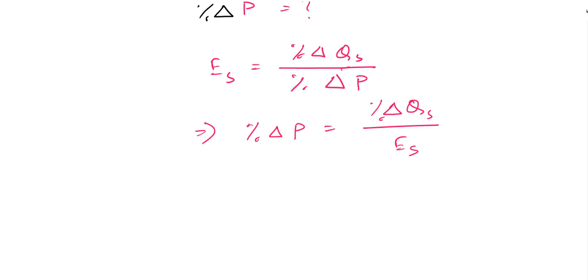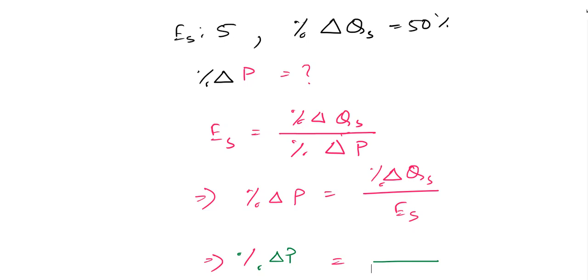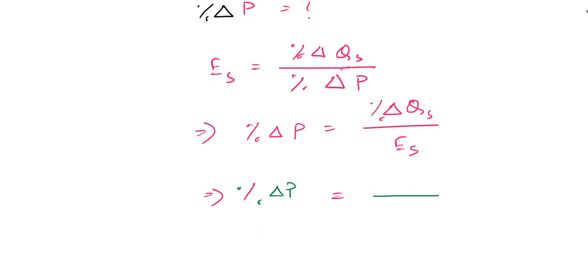So what will be the answer? Percentage change in P equals percentage change in QS, that is 50%, divided by 5, which is 10%.